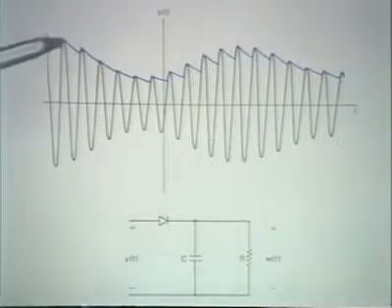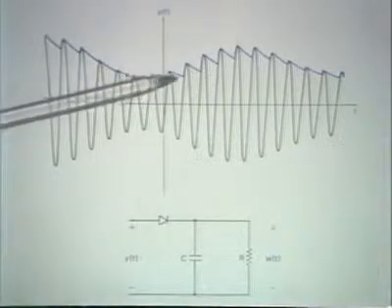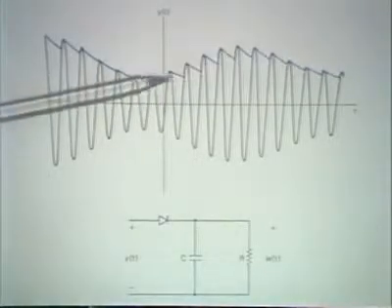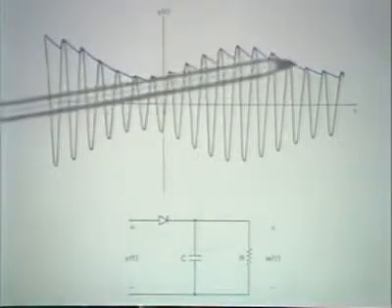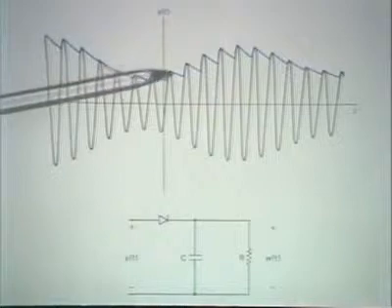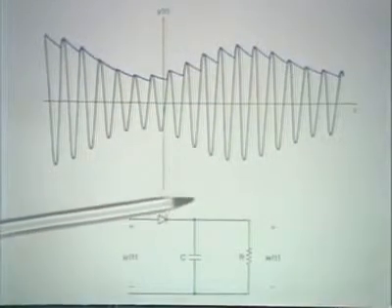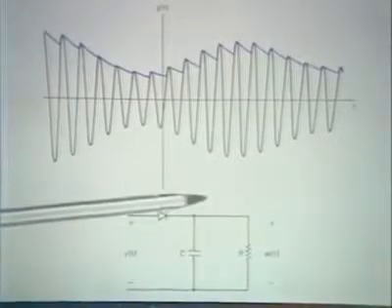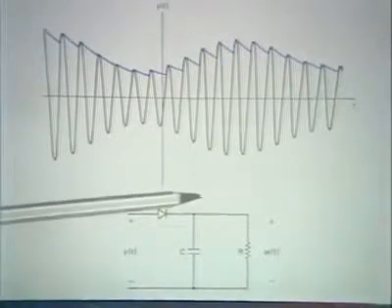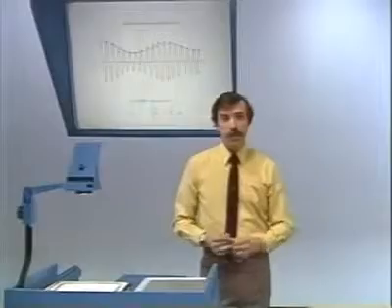And that is a type of demodulation. It's a demodulation that doesn't require synchronization between the modulator and demodulator. And it's fairly inexpensive to build, but it has obviously some trade-offs associated with it.